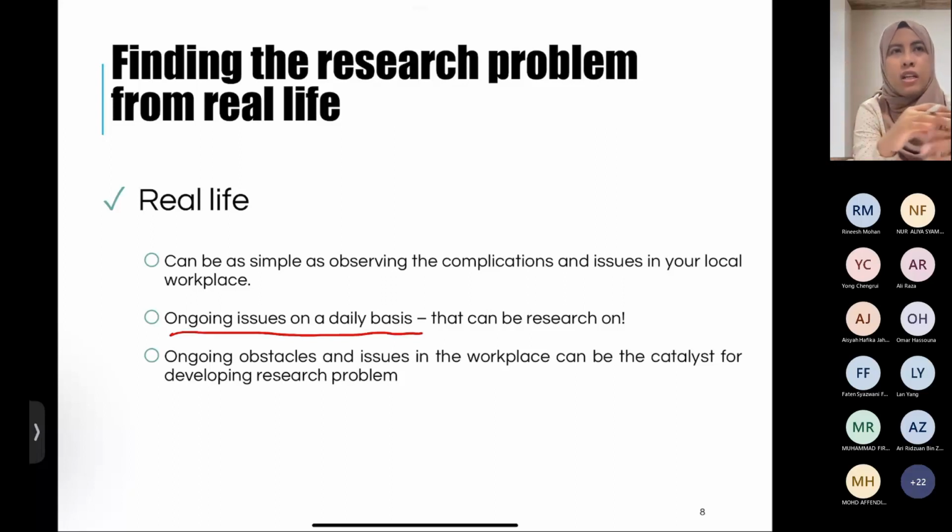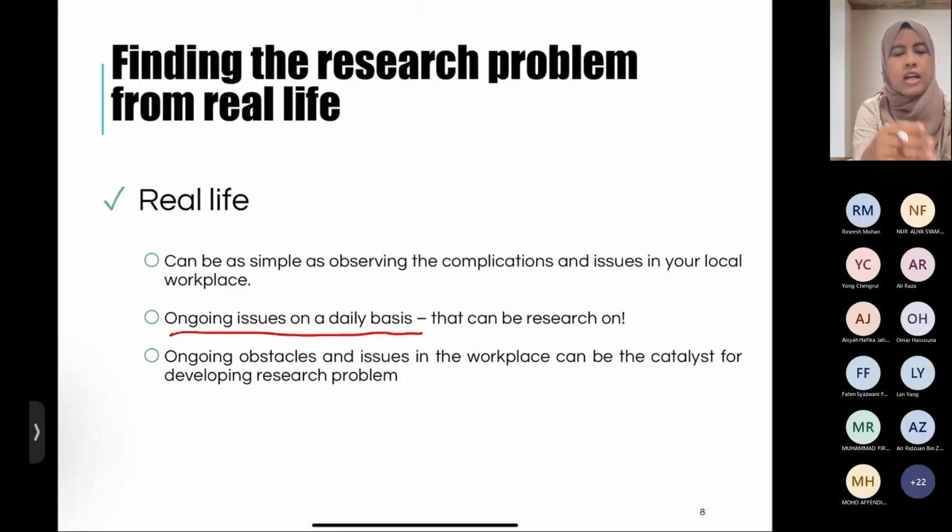So let's say in one control process pipeline, you see that there's always a hiccup in the middle of this factory pipeline in the control process. So you identify what are the variables, what are the factors that could affect the performance of this whole pipeline.